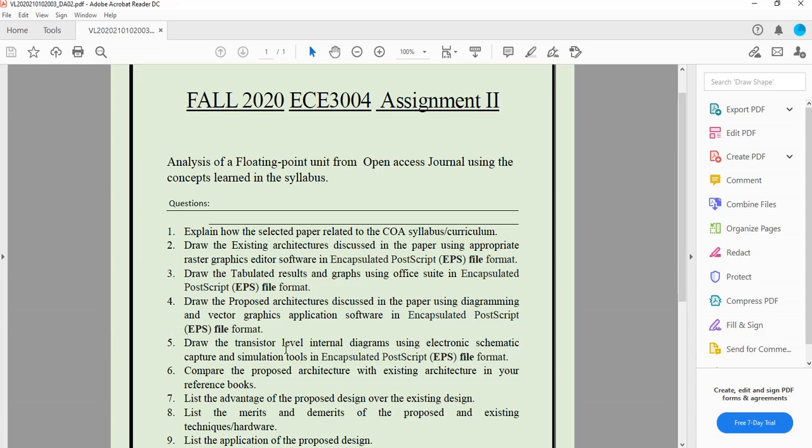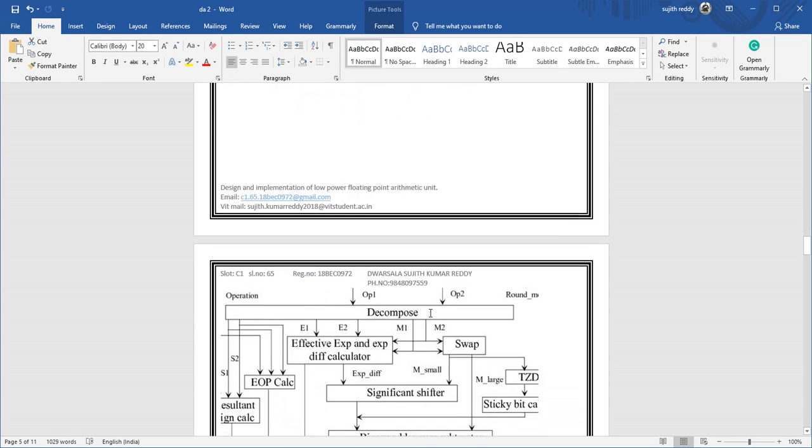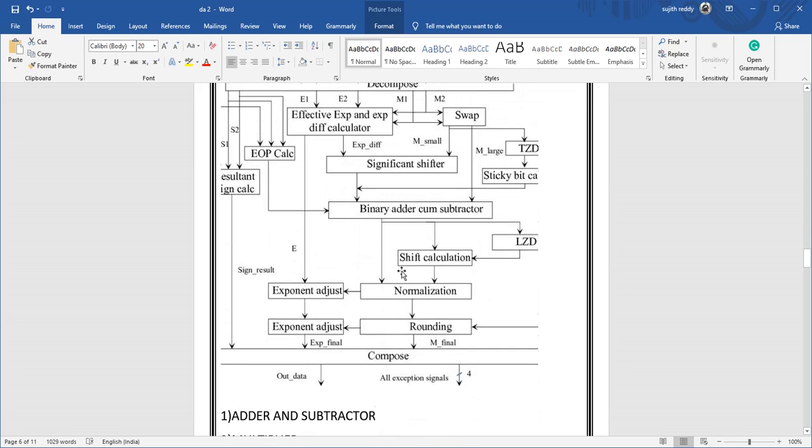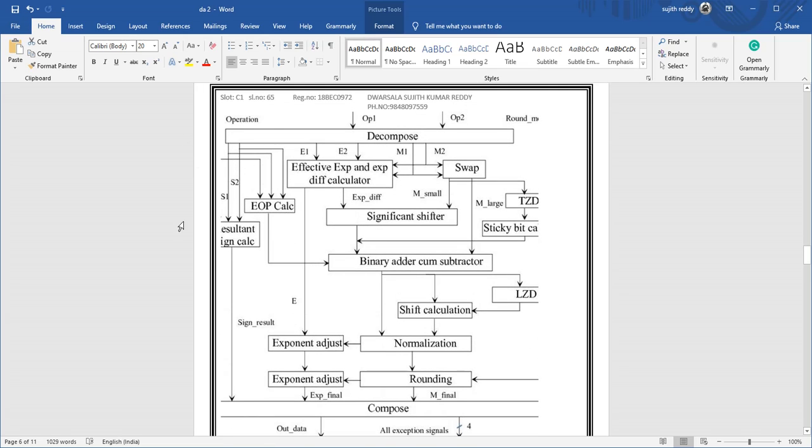Draw the transistor level internal diagrams using electronic schematic capture and simulation tools. Here you can see the complete transistor level internal diagram. The missing part is just the resultant sign calculation and sticky bit calculation, which got cut out because of the size problem.